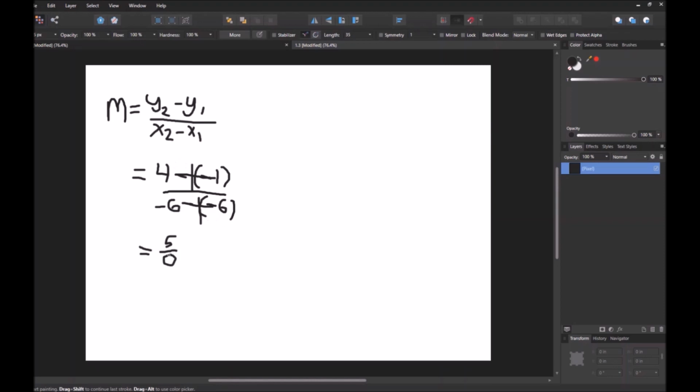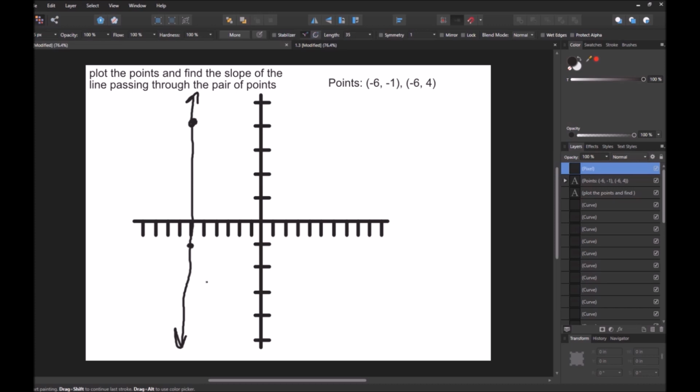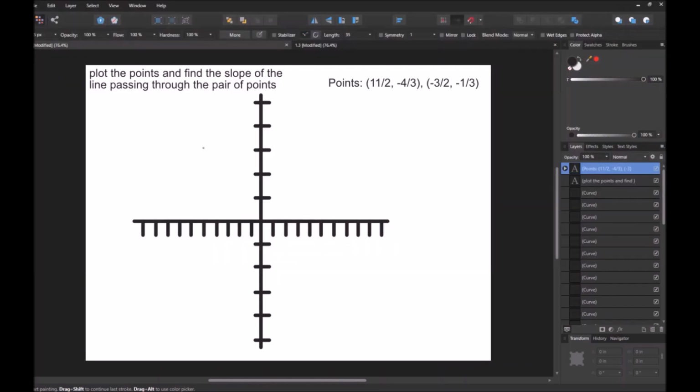And if you recall, any fraction that has 0 in the denominator is undefined. So the slope of the line connecting the 2 points is undefined, which makes sense because it's a straight up and down vertical line. There's no change in the rise or the run, so it's undefined.